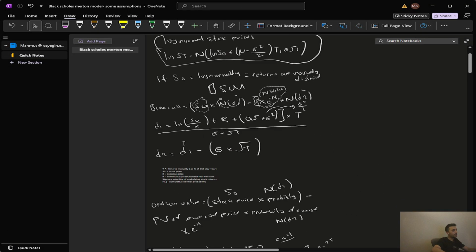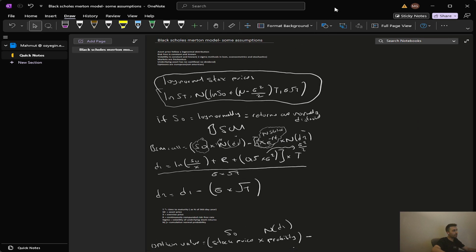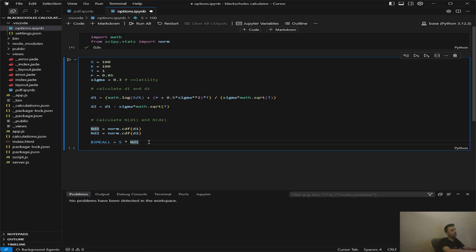I mentioned it before with put-call parity. The BSM call is spot times N(d1) minus the strike times e to the minus rT times N(d2). These are the three formulas.